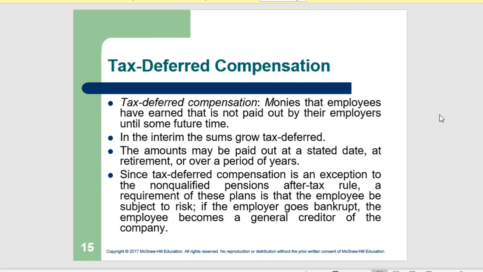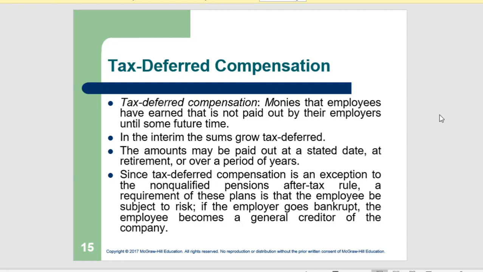So this is a specific one that isn't too common, but tax deferred compensation. Sometimes employers will defer the compensation. It's a very specific type of thing, and so it's not generally available. But if an employer is offering tax deferred compensation, or an employee gets it naturally in the course of their working life, then there are specific rules about it.